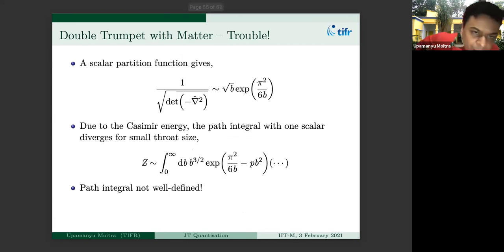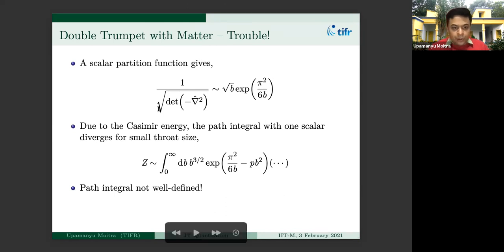So now comes the important part. This is one of the key results: when we consider the double trumpet with matter, there's trouble. The scalar partition function for small b goes roughly like this.